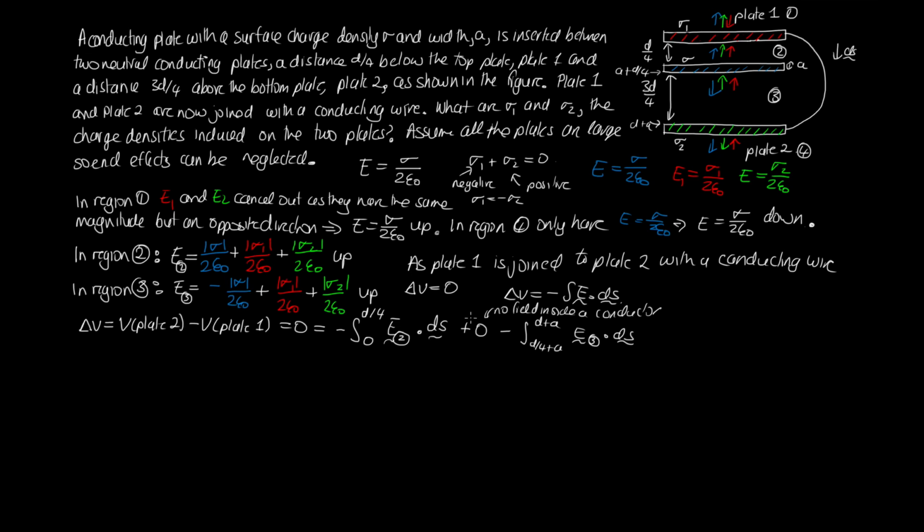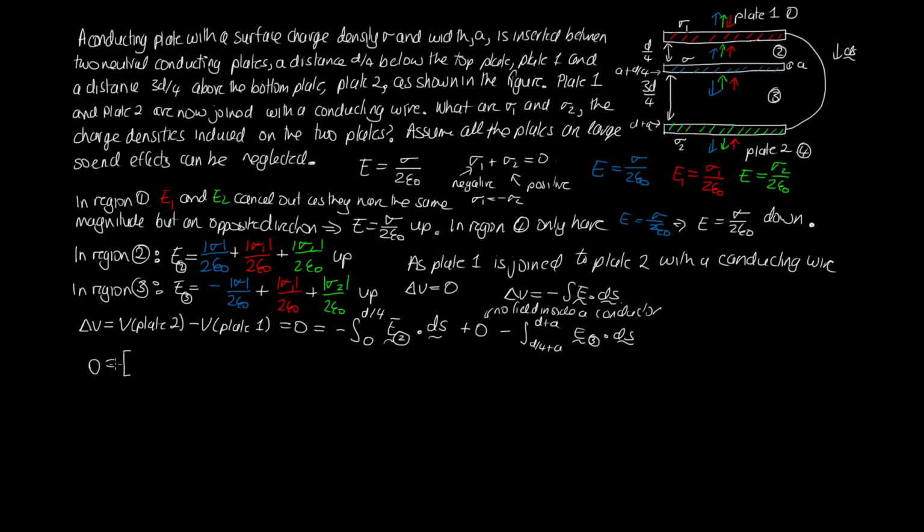Okay, so let's do this integration now. So we know that 0, because we've said this is equal to 0, when we integrate this, we just end up with the electric field times the displacement. They're in this region, they're in opposite directions, so we're always going to end up with negative.